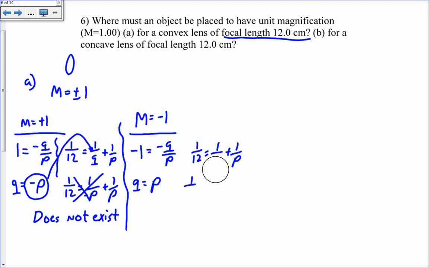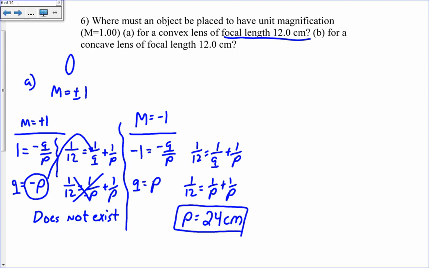This should be Q. 1 over 12 equals 1 over P plus 1 over P. And then if I solve that for P, I get P equals 24 centimeters. So that's where the object has to be in order to have a magnification of negative 1.